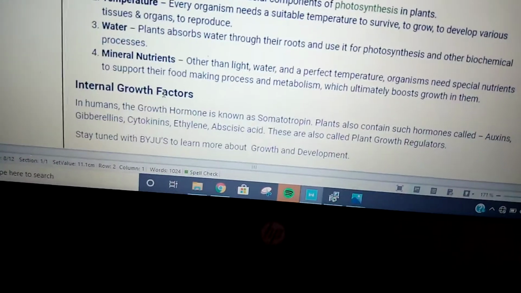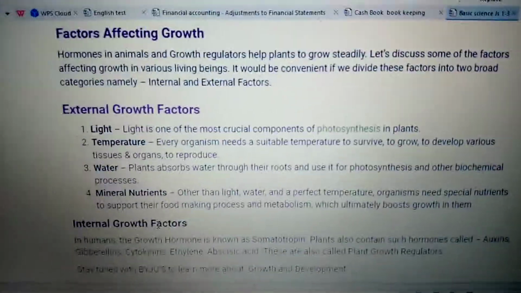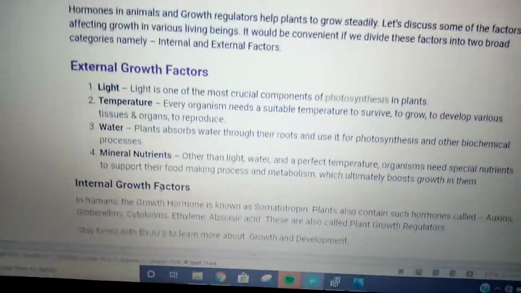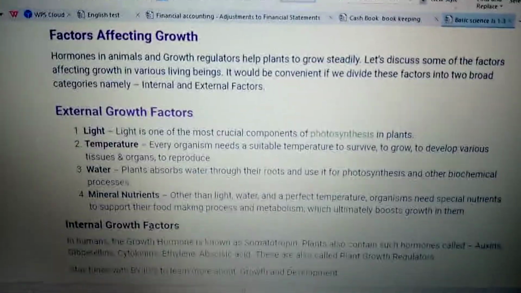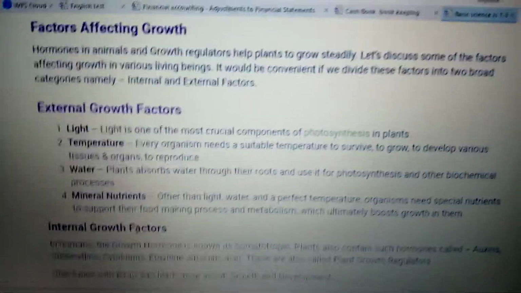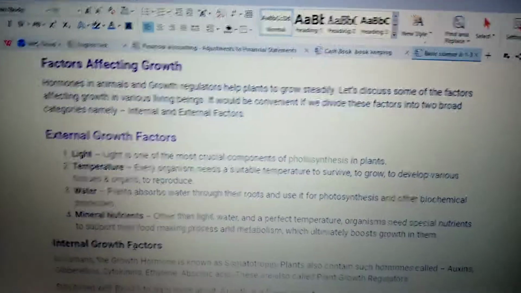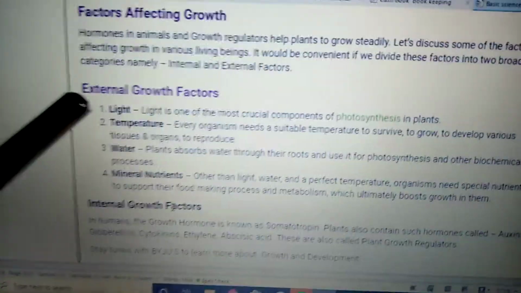What are the factors that affect growth? We have internal factors and external factors. Those are the things that cause growth to occur or not to occur. The external factors are the major ones. One of which is light.